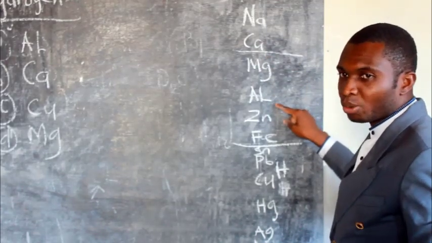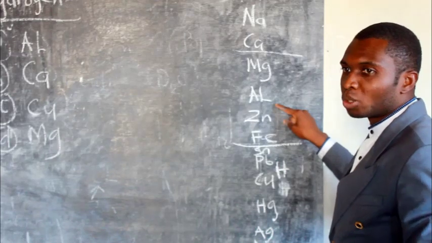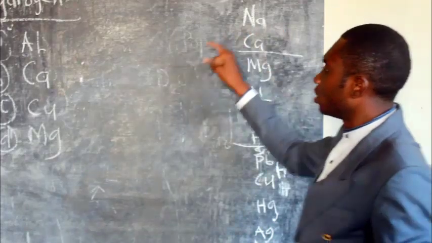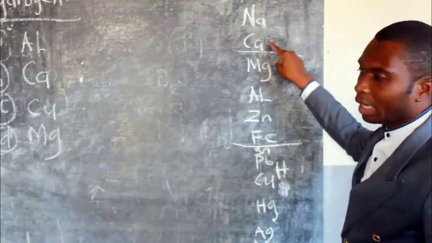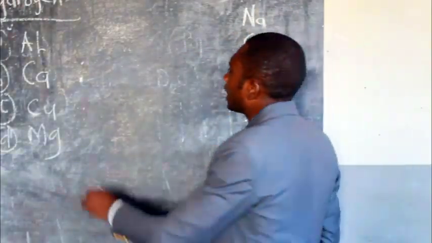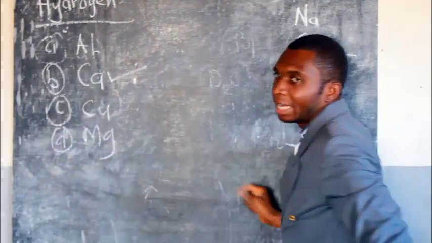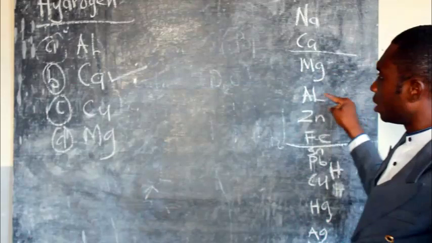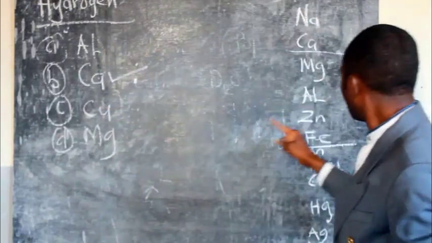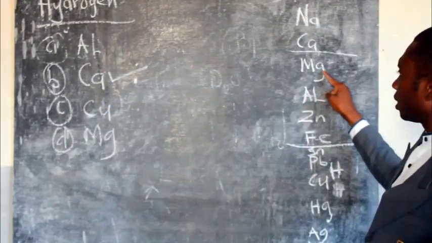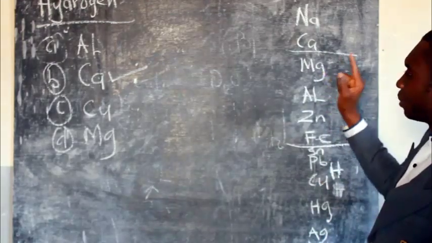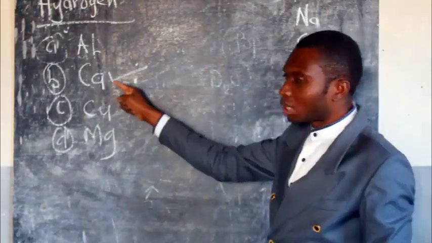Iron must be red hot for it to evolve hydrogen. But among these, calcium is higher in the activity series. The rest are lower. Aluminium, look at it here. Magnesium is here. And copper down there. So the one that liberates hydrogen is calcium.